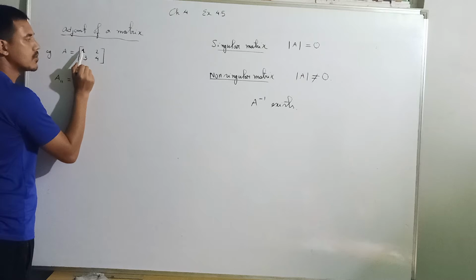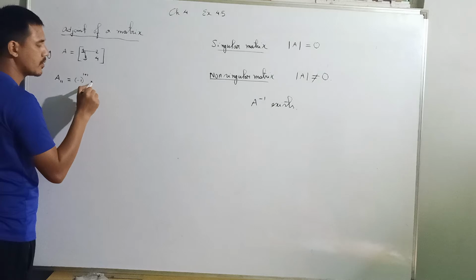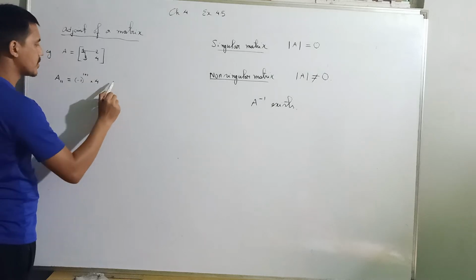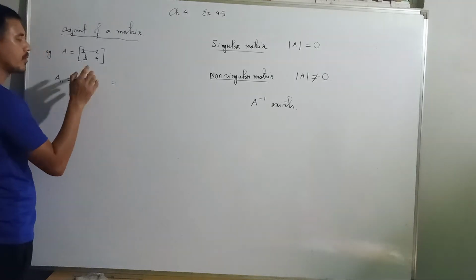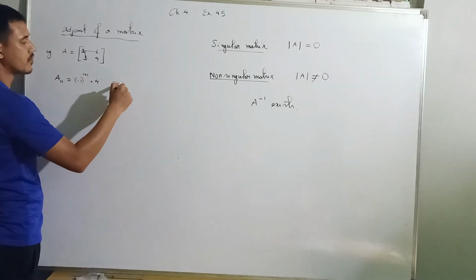So you need to neglect the first row and first column, so neglecting the first row and first column, we have 4. So that is minus 1 to the power 2, which is positive, times 4. So 1 times 4 is 4, right?